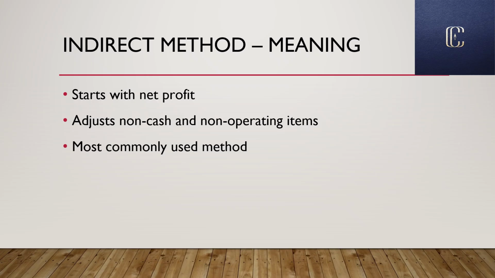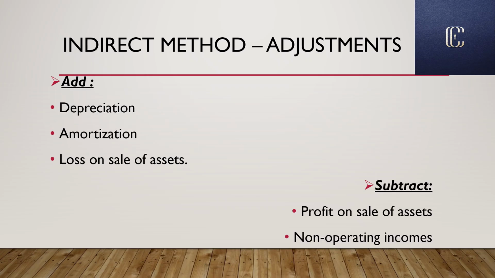Indirect method explains why cash is different from profit. Both together make you a complete finance student. In the indirect method of preparing a cash flow statement, we start with net profit from the profit and loss account.